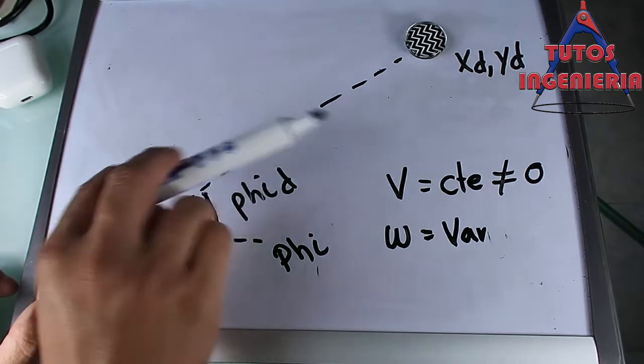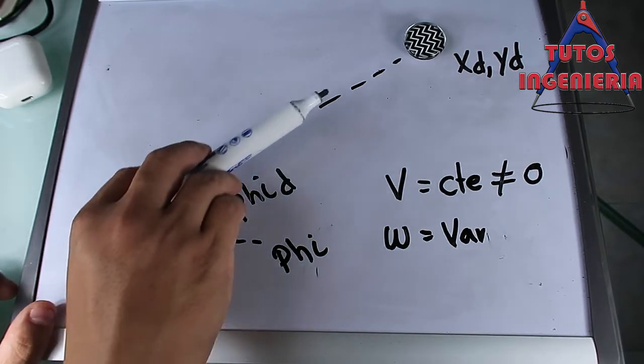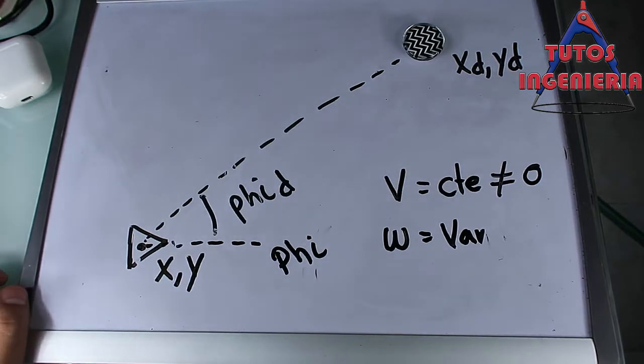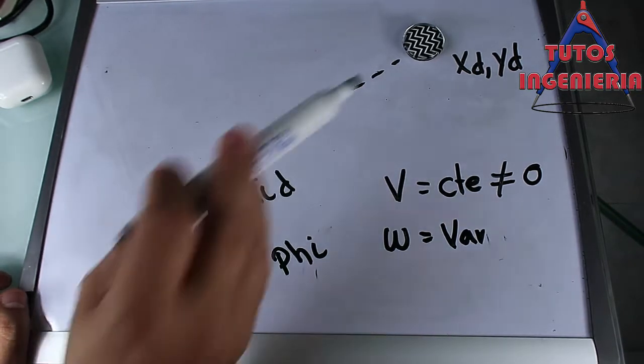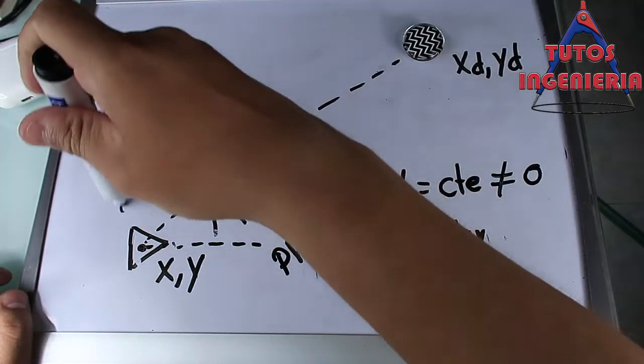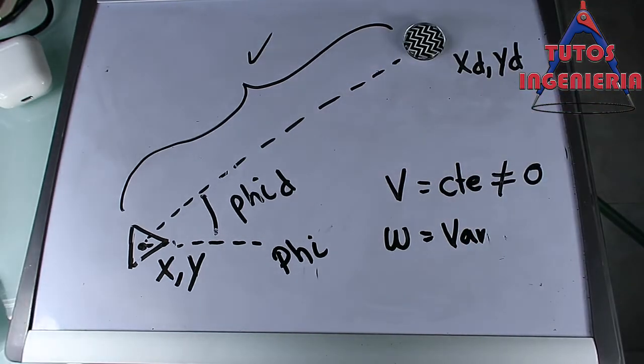But if we make the linear velocity different to 0, it has to pass over the desired point, if the desired point is far enough from our trajectory.